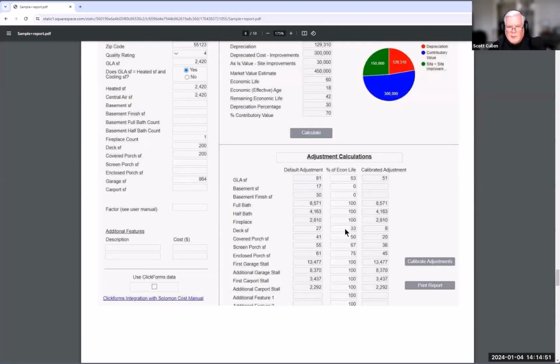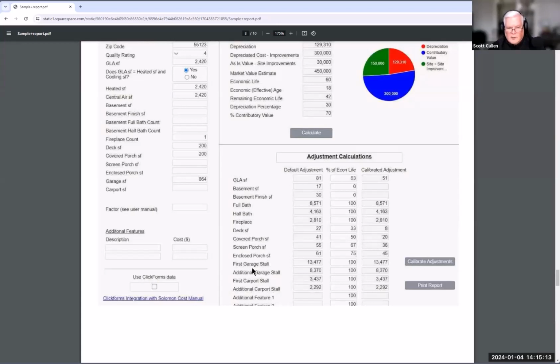So 33% for the deck, this cost of one more foot of 27, that's 70% of the cost of one more square foot of a deck times 0.33. That's an $8 per foot deck adjustment if you make a deck adjustment. I personally don't usually make adjustments down in this range, but if you need to make one, that's where they are.